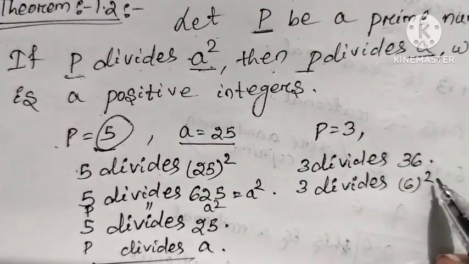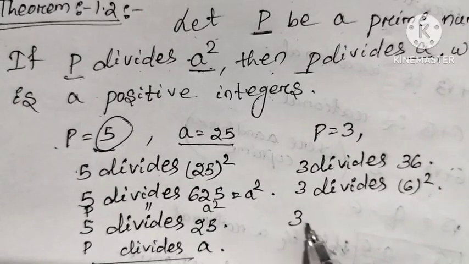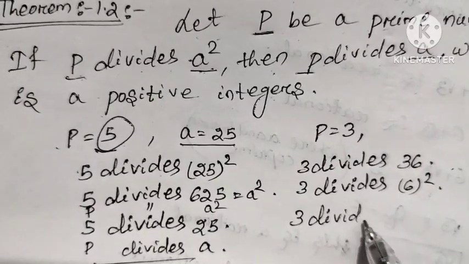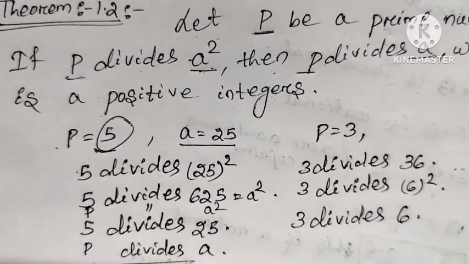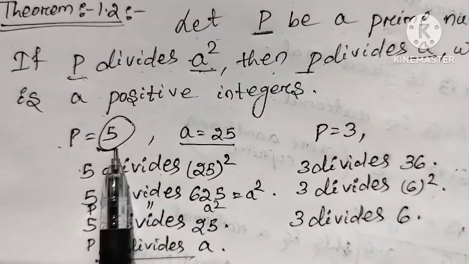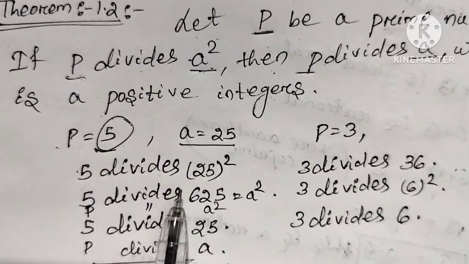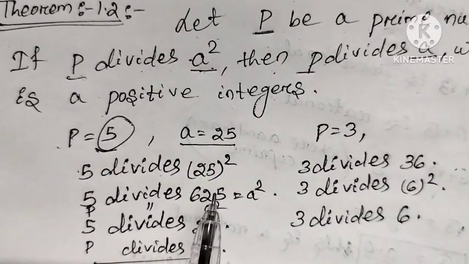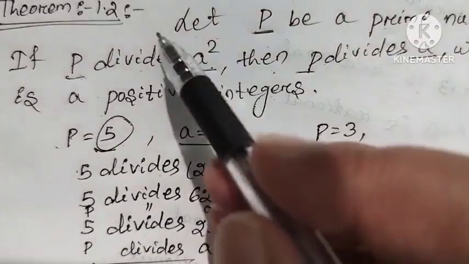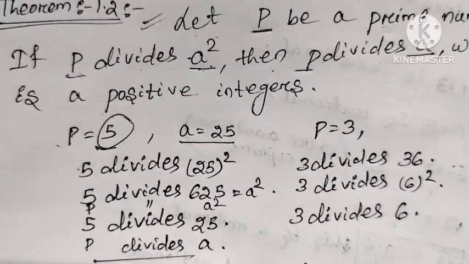It is 6 into 6, 36. Then 3 divides 6 also. You take any prime number, then if it divides the square, it will divide the single number also. This theorem is proved in this part.